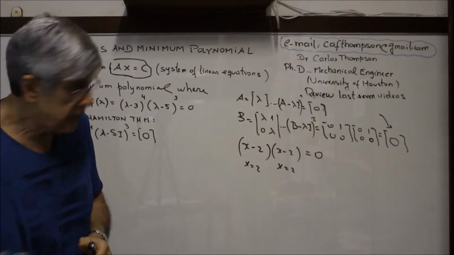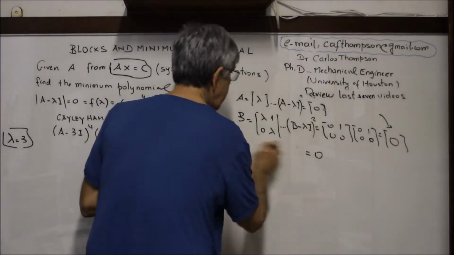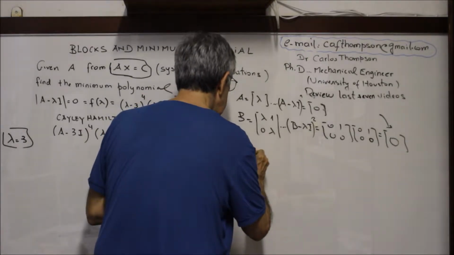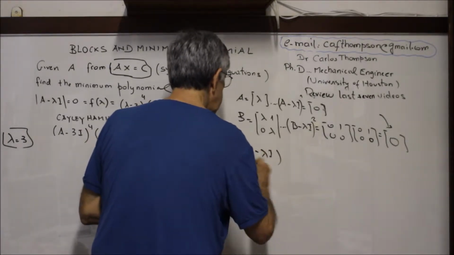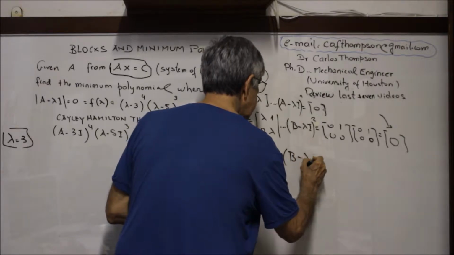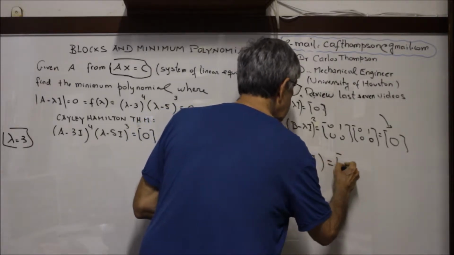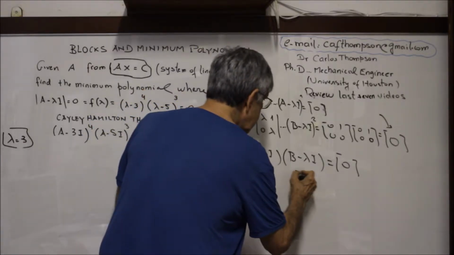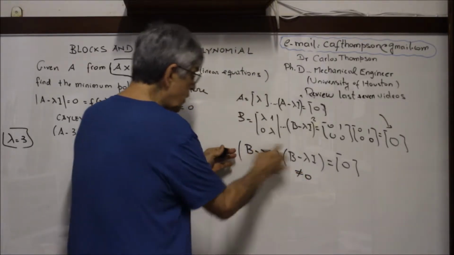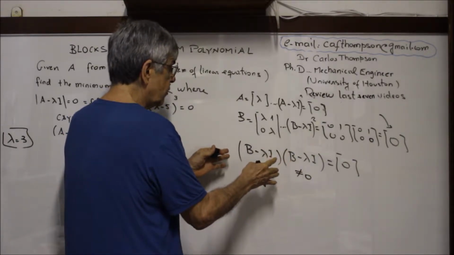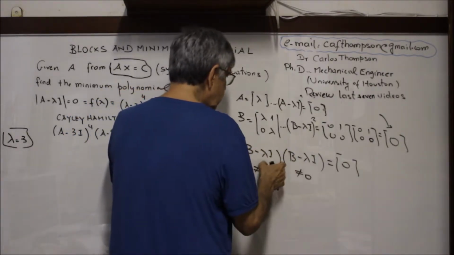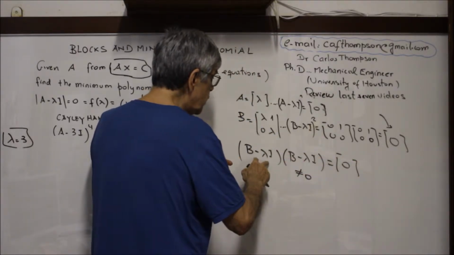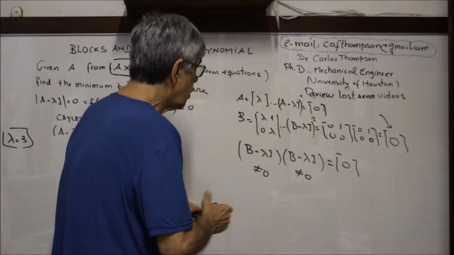You can see here that I have (B minus lambda I) multiplied by (B minus lambda I) equal to 0, but this factor is different from 0, because these are matrices. Although the square is 0, that does not imply that each factor is 0, only the product.